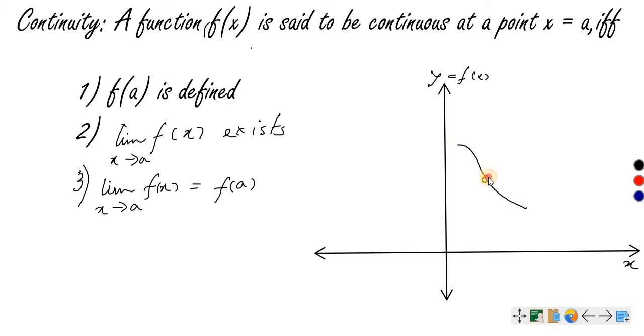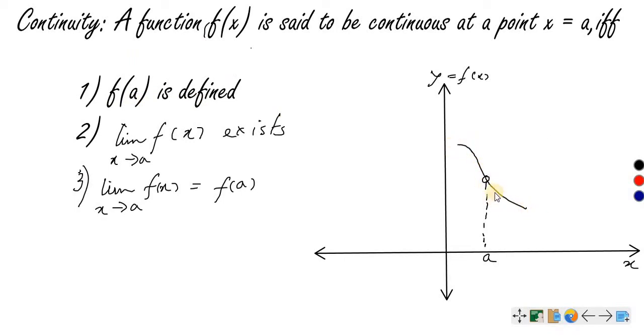Suppose at this point the function is not defined. Let it be a. So if our function is not defined for x equals a, it means f of a is not defined. And if it is not defined, then the function is not a continuous one.